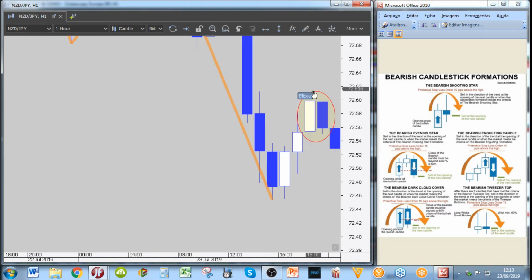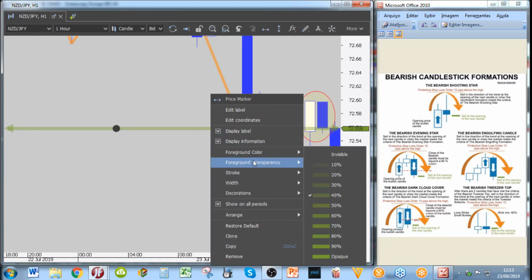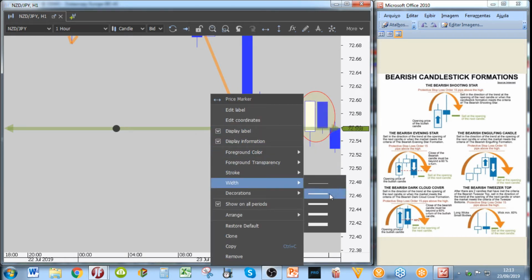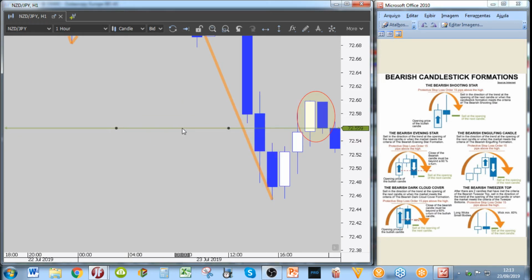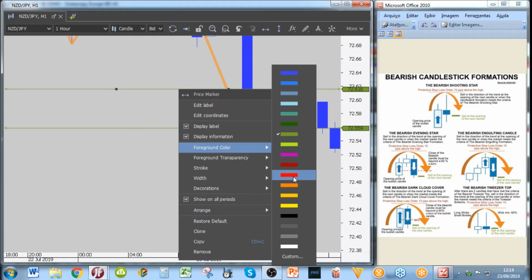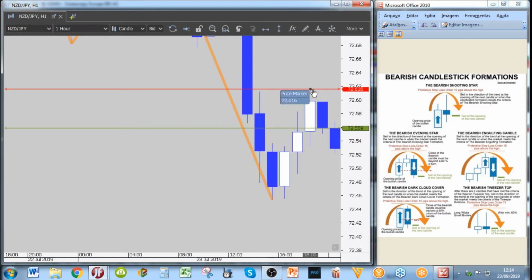Okay, so what we are going to do, we are going to enter the market here. This was our entry, and let's put a line. Okay, not here, something thinner. We're going to use a thin line at the close of the candle. Now our risk, our stop loss is going to be 15 pips or 150 pipettes above this candlestick formation.